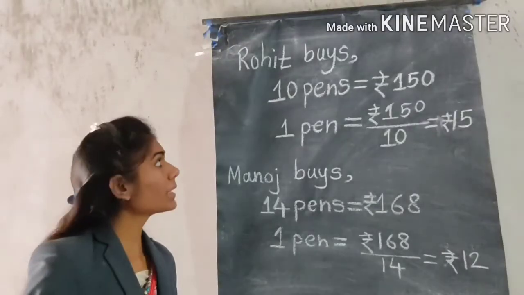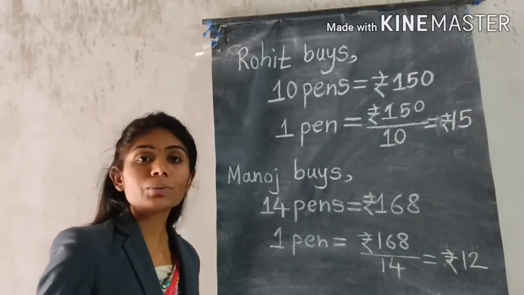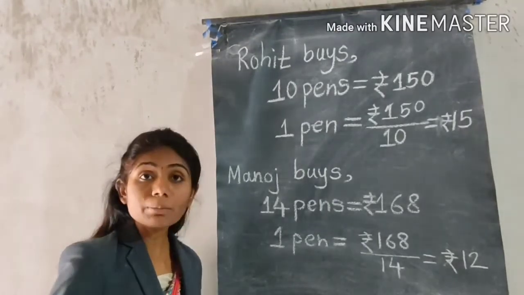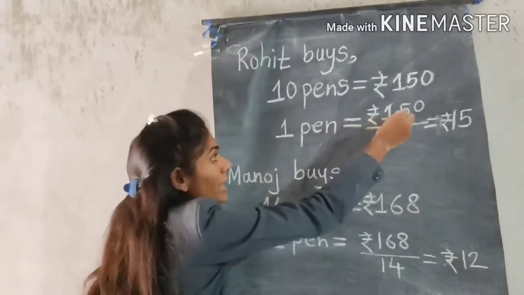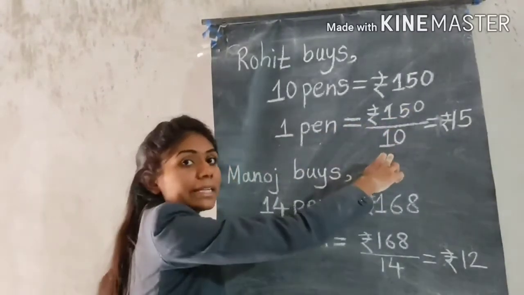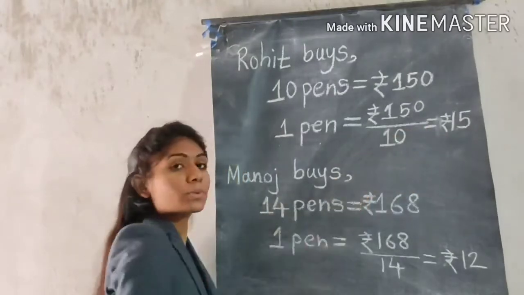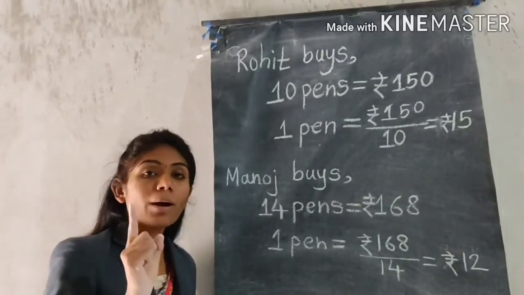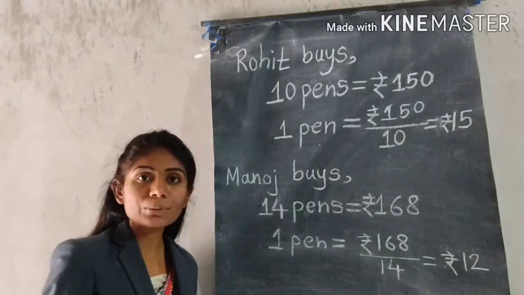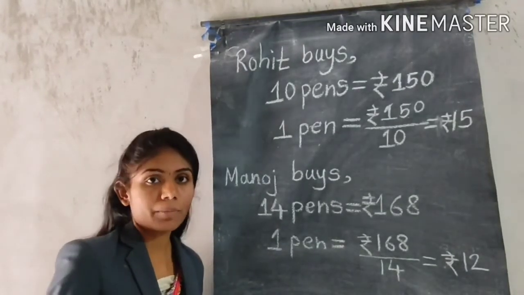For Rohit, 10 pens is equal to rupees 150. So 1 pen price is 150 divided by 10, which is equal to rupees 15. So for Rohit, 1 pen price is equal to rupees 15.